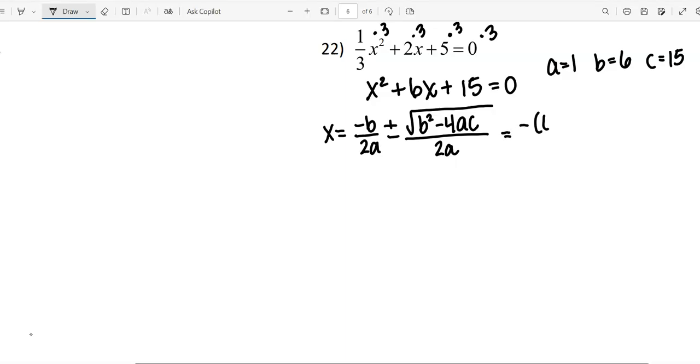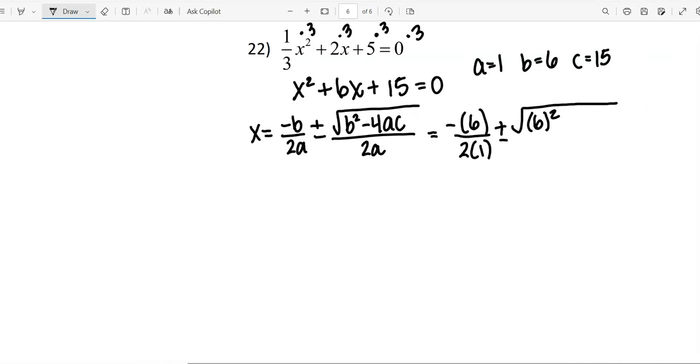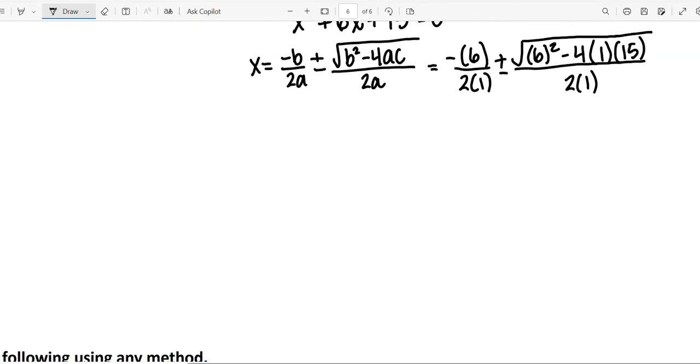So negative B is negative times 6 over 2 times 1 plus or minus the square root. B squared is going to be 6 squared minus 4 times A is 1 times C is 15, all over 2 times A is 1. Negative times 6 is just going to give me negative 6.